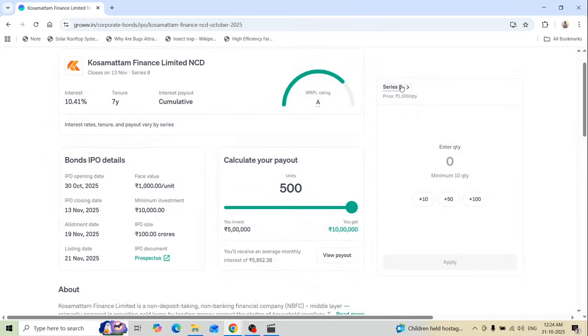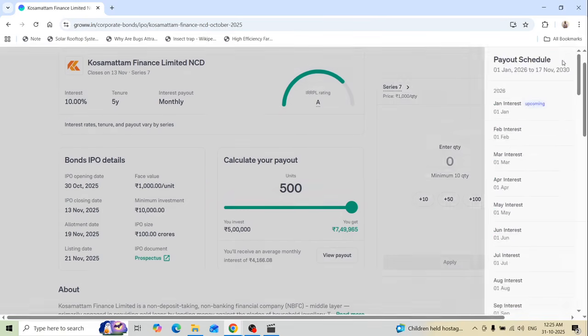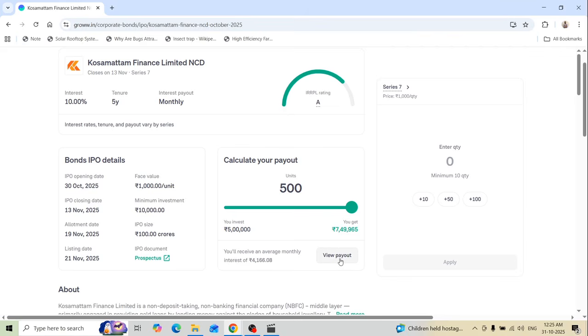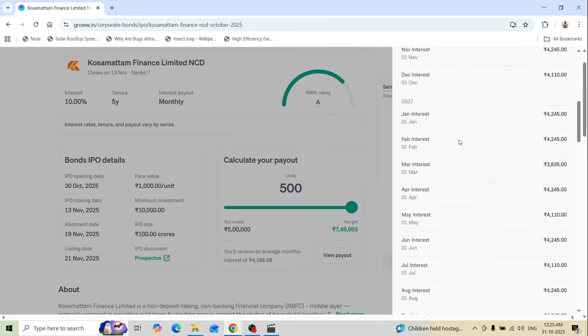Now for an example of monthly payout, let's take a monthly payout of 10%. In this 10% monthly payout with a 5 year tenure, every month you will get some amount. If I am investing 5 lakhs, I will get on average 4,200 rupees every month till the end of this bond period.